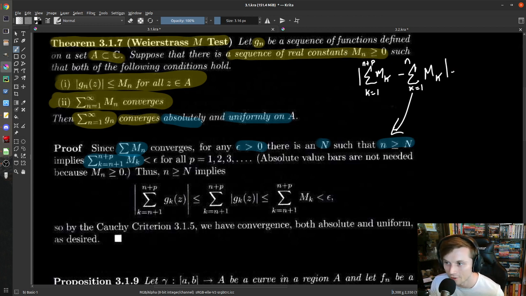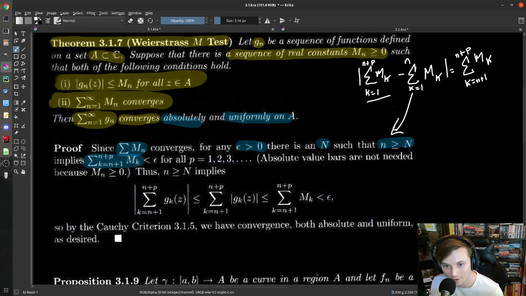This is just going to be equal to, because we don't need the absolute value bars, and we can get rid of the first n terms of this sum, the sum from k equals n plus 1 to n plus p of M_k. That's this piece right here.